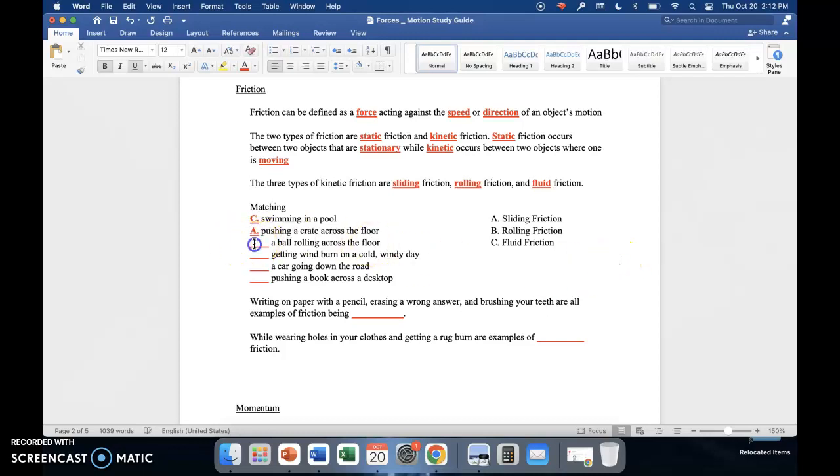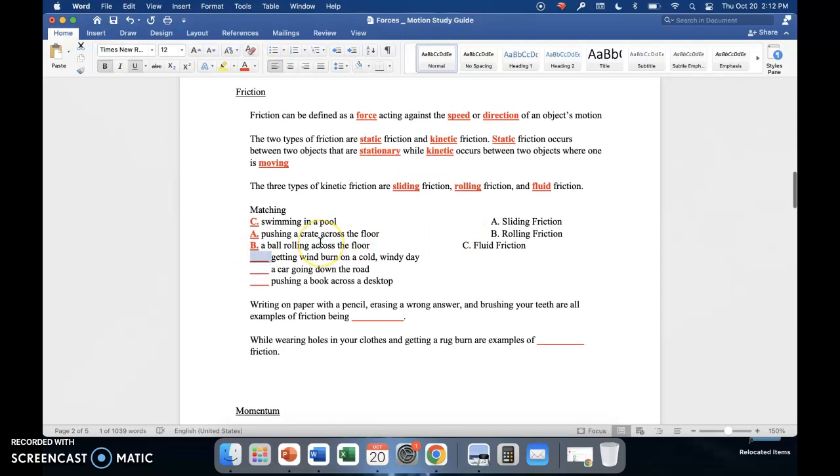If we wanted that to be easier to do, then we would put it on something with wheels. A ball rolling across the floor, well, it says right there that it is rolling, so obviously that is a form of rolling friction. Getting windburn, the reason that you get windburn is because you are passing through the air.